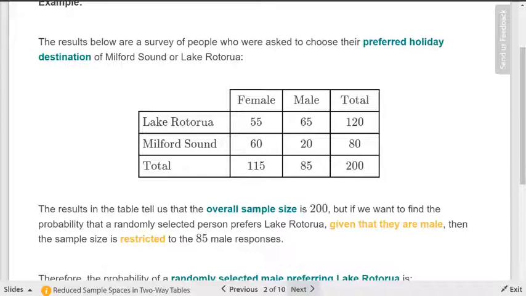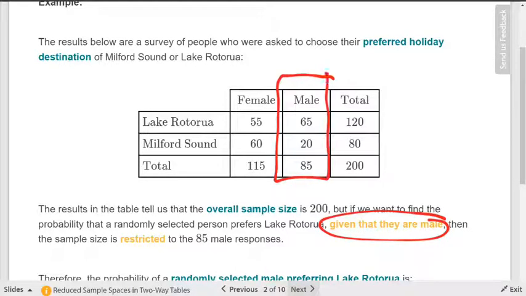The results in the table tell us that the overall sample size is 200, but if we want to find the probability that a randomly selected person prefers Lake Rotorua, given that they are male, then we change our sample space. In other words, we are only allowed to consider those who are, what? Male. So this becomes the only column that we can think about, which means that the total or sample size is what? 85.